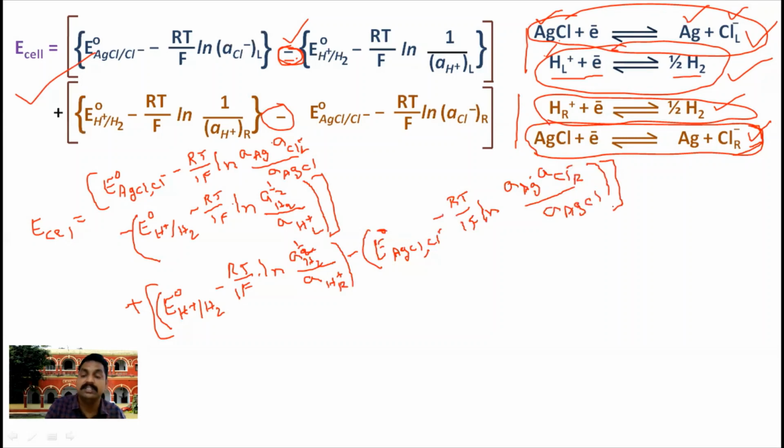Now जहां जहां एक्टिविटी ऑफ Ag, एक्टिविटी ऑफ AgCl और एक्टिविटी ऑफ हाइड्रोजन है, वहां 1 हम लिख सकता है, क्योंकि हाइड्रोजन का भी 1 एटमॉस्फेयर है तो 1 लिख सकता है, और सॉलिड्स की एक्टिविटी भी 1 है, तो हमें ओवरऑल E सेल क्या होगा?